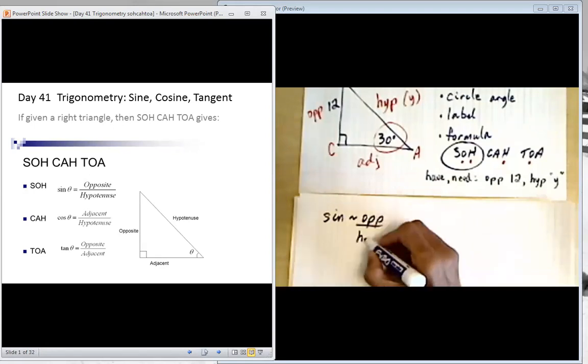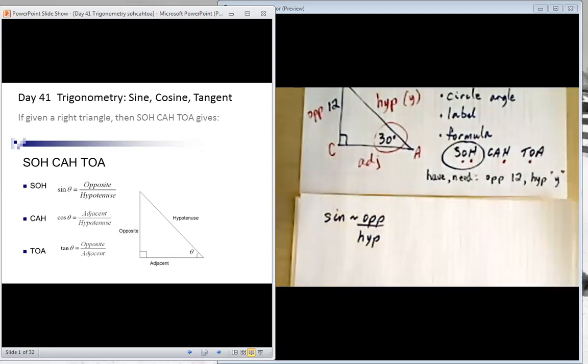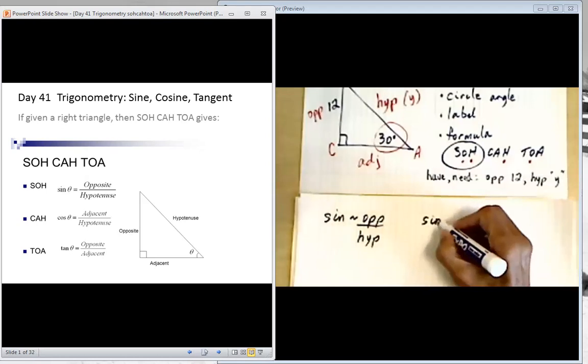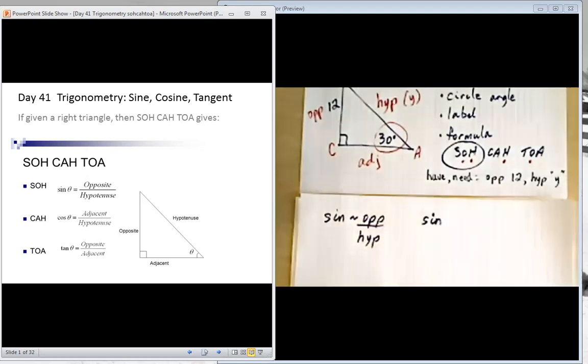In fact, you could skip this step as you get some experience with solving these things, and go right to the specific formula for this question. Specific means it has the actual numbers in there.